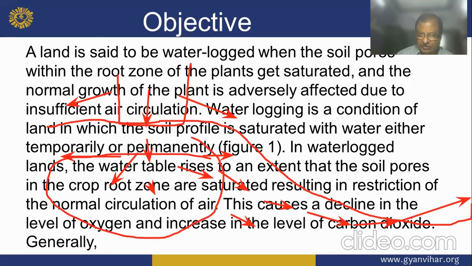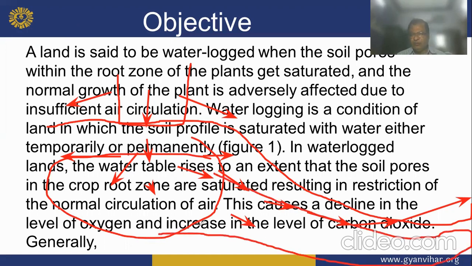So what is the ground table position? The position of the ground table is full of water because of charging from the canal. Up and down, what is the condition?